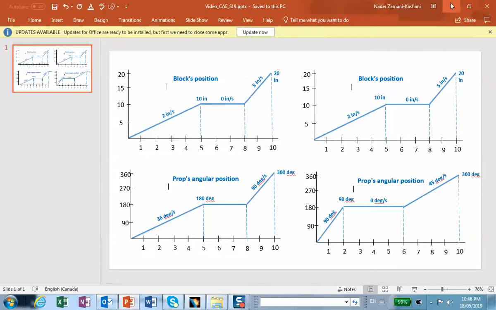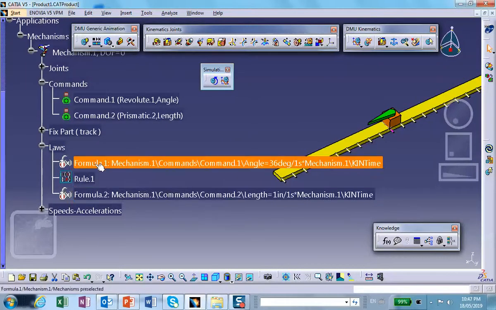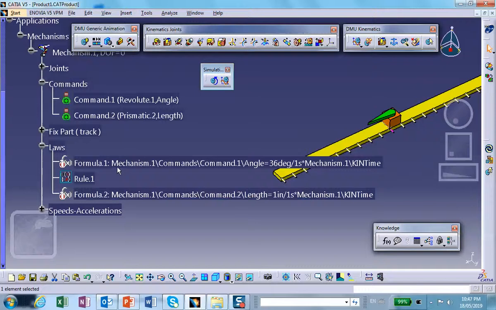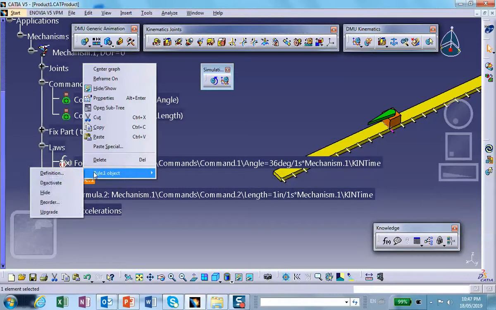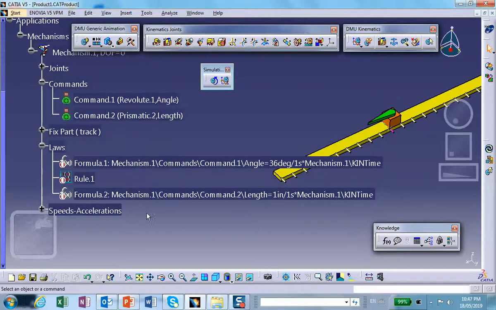So I go here. Actually, I don't need these two. I can either delete it, or deactivate it. I'm going to deactivate it because we're going to write rule 2 and rule 3. Rule 2 for the propeller and rule 3 for the block.